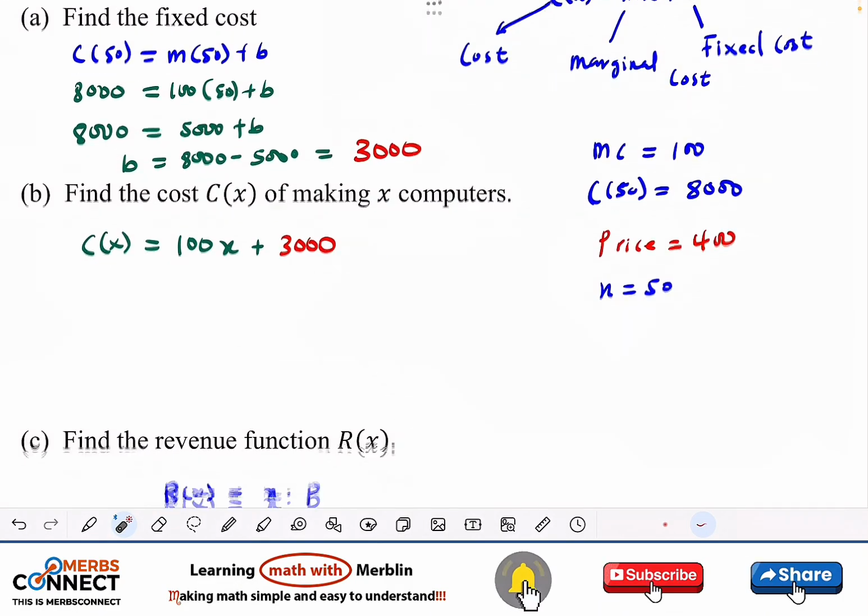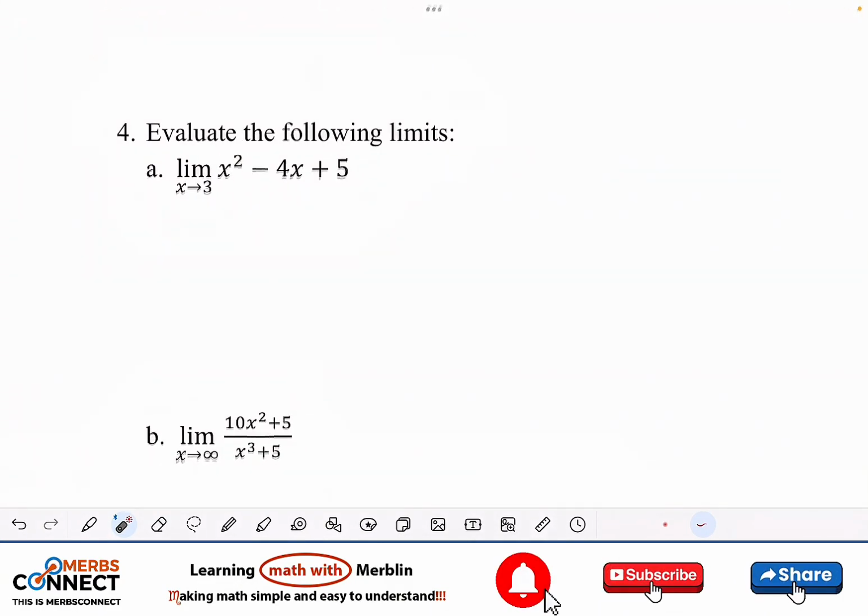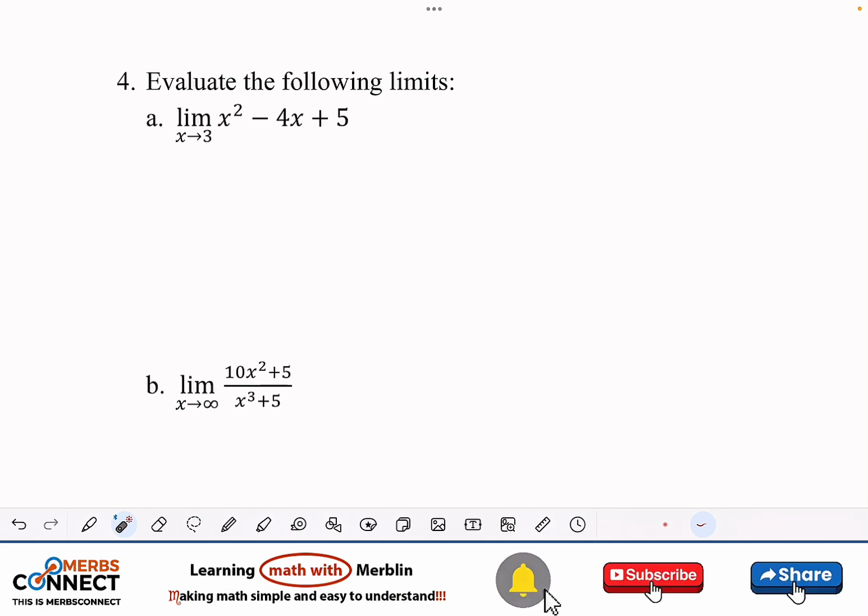All right. Now let's look at the next question. Evaluate the following limit. So remember, anytime we are dealing with a limit, the first thing that we need to do is just plug it in. So let's do that. Limit as x is approaching 3 of x squared minus 4x plus 5.